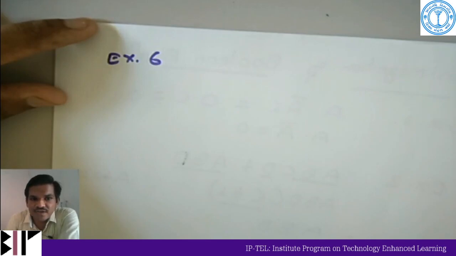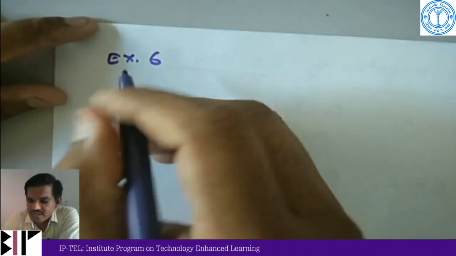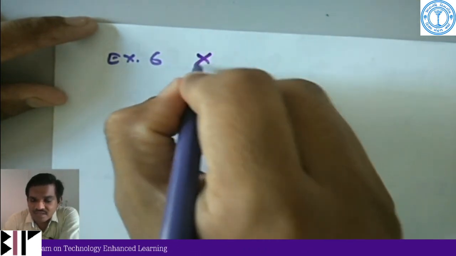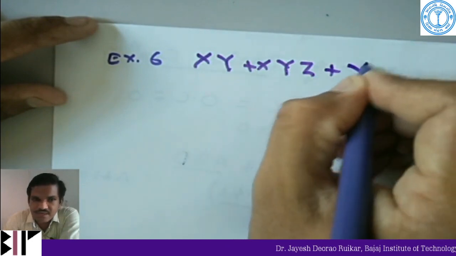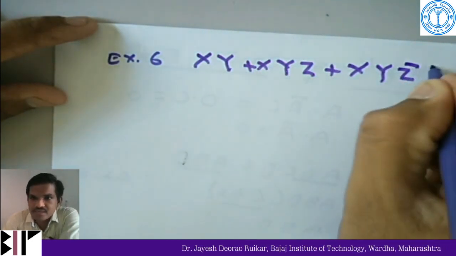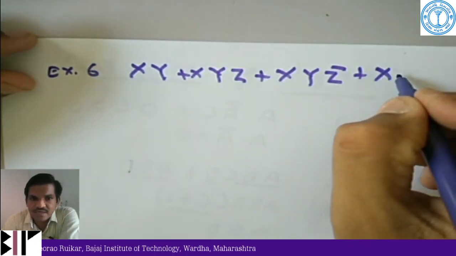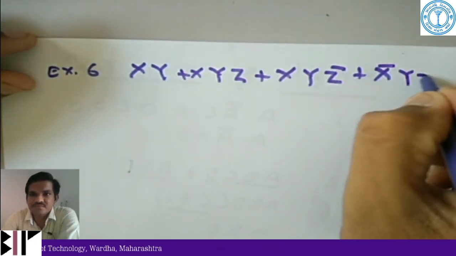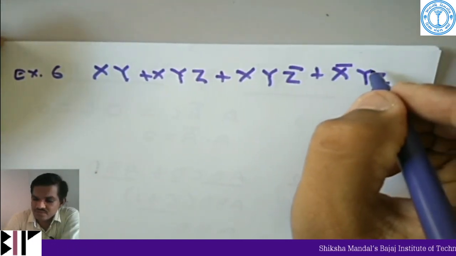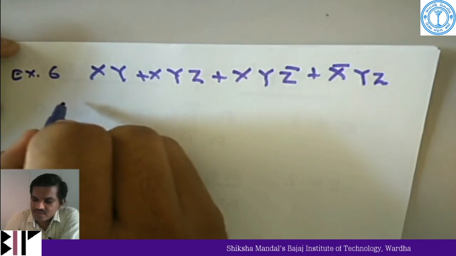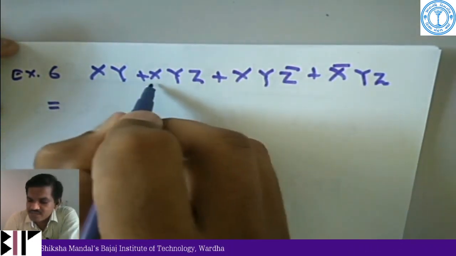Now let us go for the next example. So this is equals to xy plus xyz plus xyz bar plus x bar yz. Now see here, xy plus xyz. Let us take xy common here.